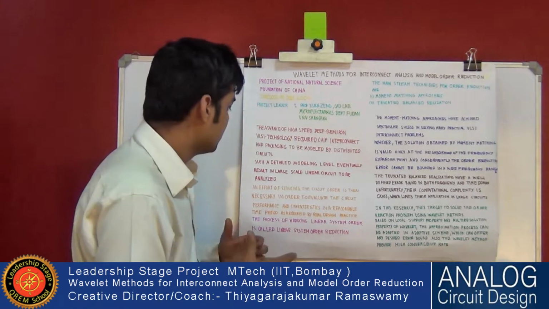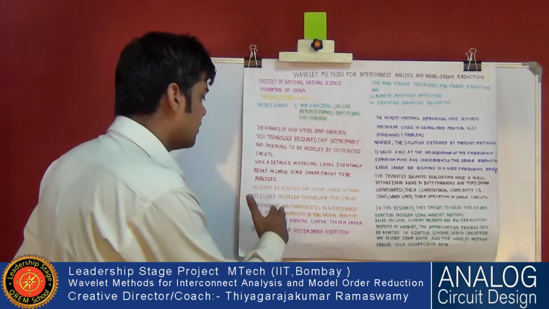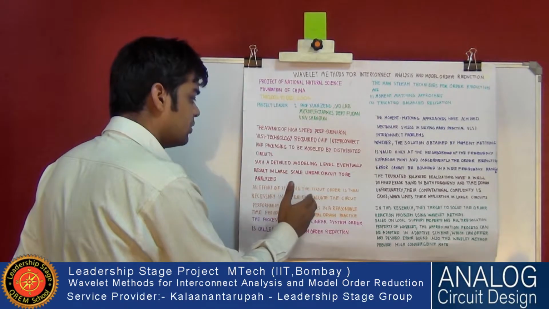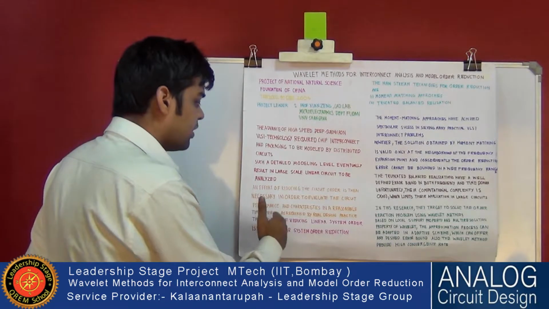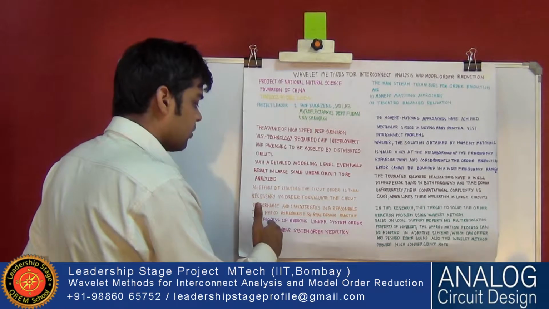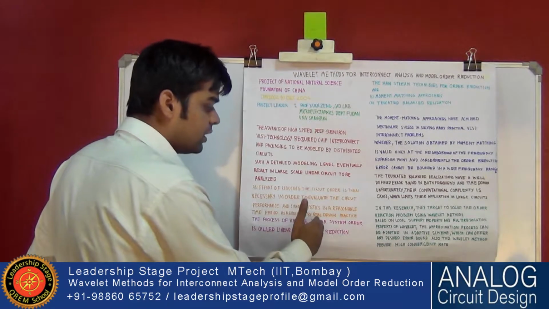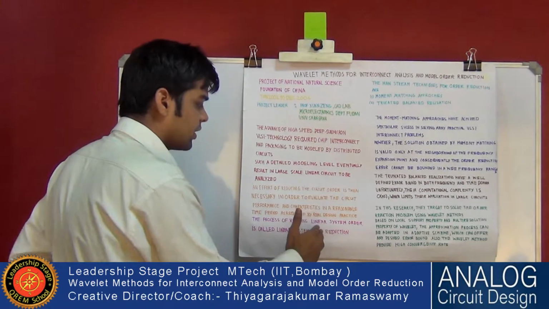An effort to reduce circuit order is necessary in order to evaluate circuit performance and characteristics in the reasonable time period required by real design. This process of reducing linear system order is called linear system order reduction.